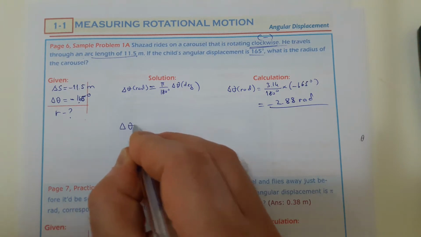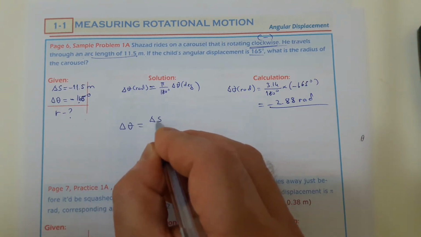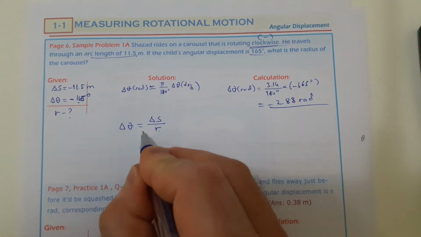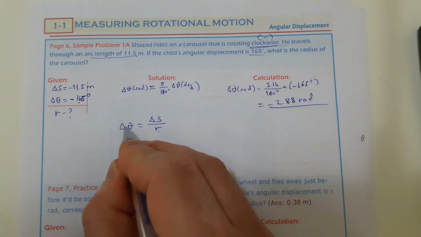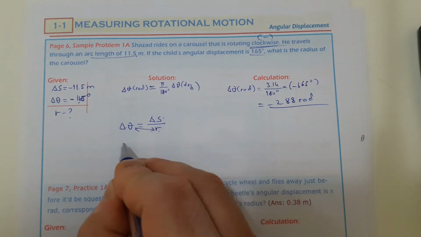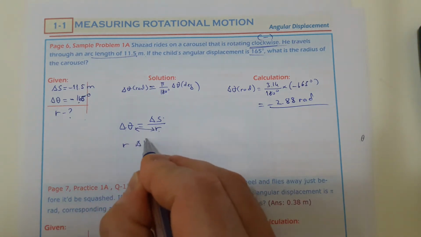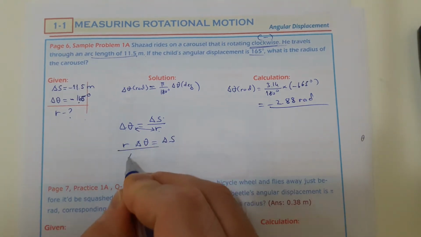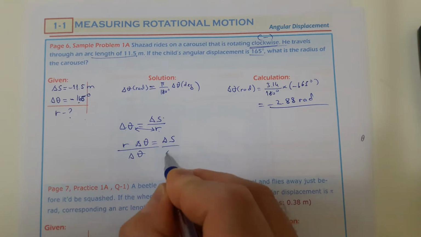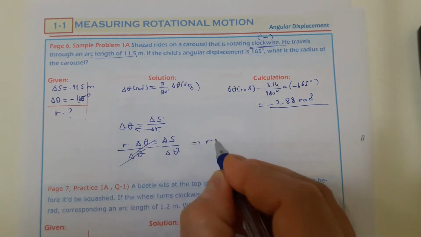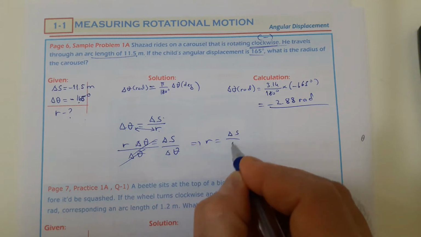Delta theta is equal to delta S over R. But the question is about R, we know what delta theta is, what delta S is, just cross product. So R times delta theta is equal to delta S. Then R is going to be calculated. That's why I simplify by dividing both sides by delta theta. So then R is equal to delta S over delta theta.